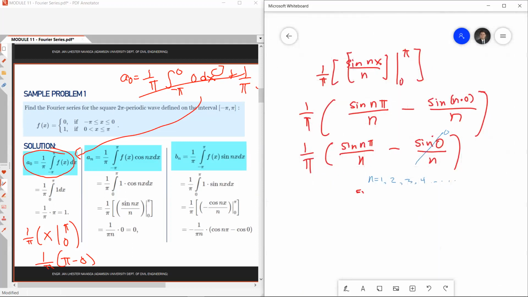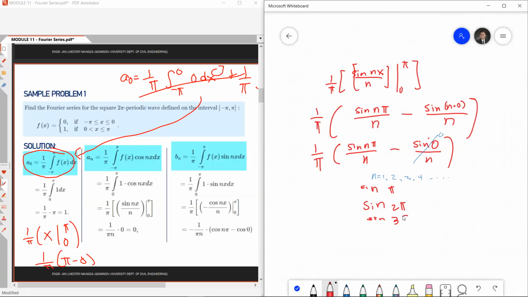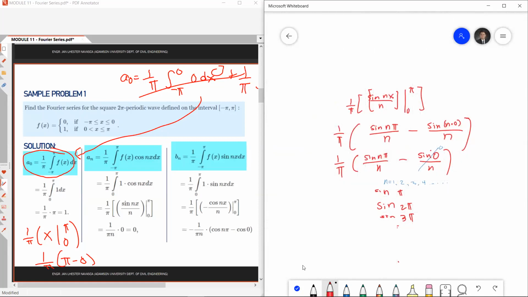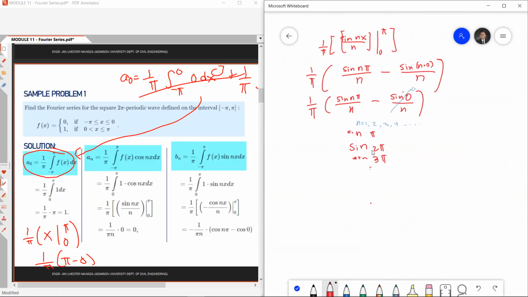the sine of pi, next the sine of 2 pi, the sine of 3 pi, and so on, going down, is always 0.